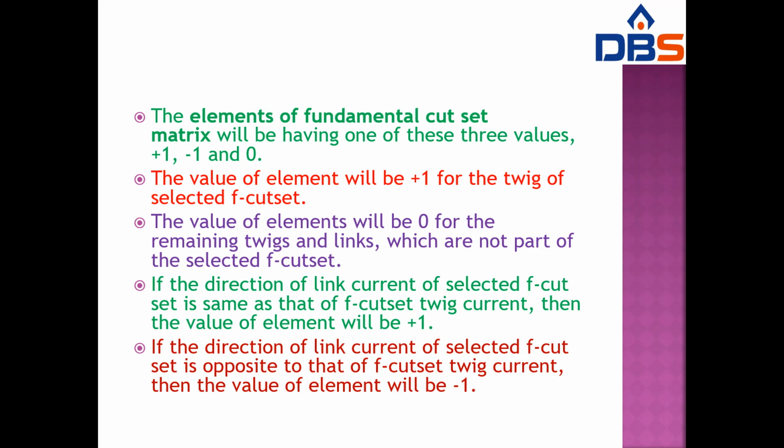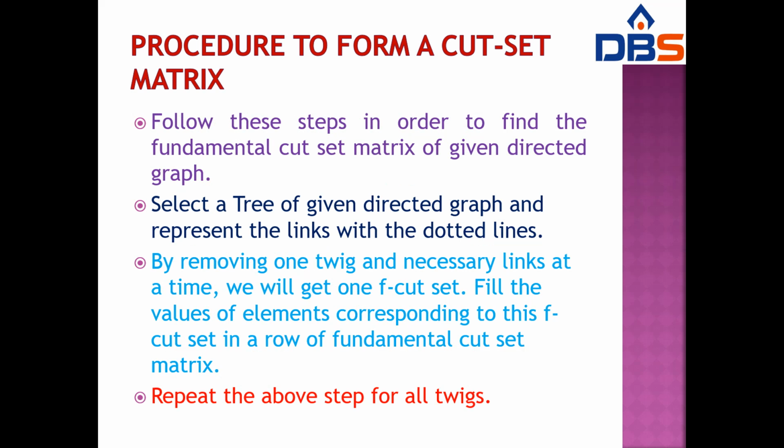So for the cut-set matrix, for each cut-set, there is only one tree branch and a number of links. If the direction of the link current of the selected F cut-set is opposite to that F cut-set twig current, then the value of the element is minus 1.